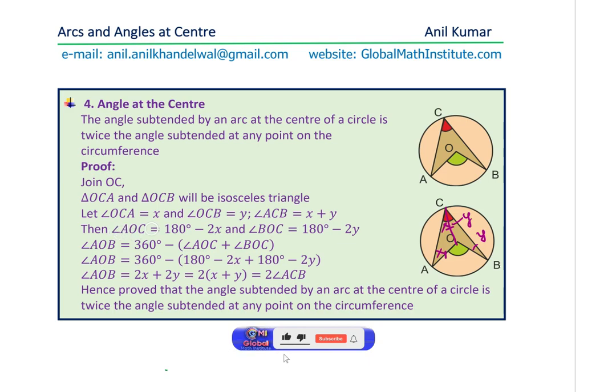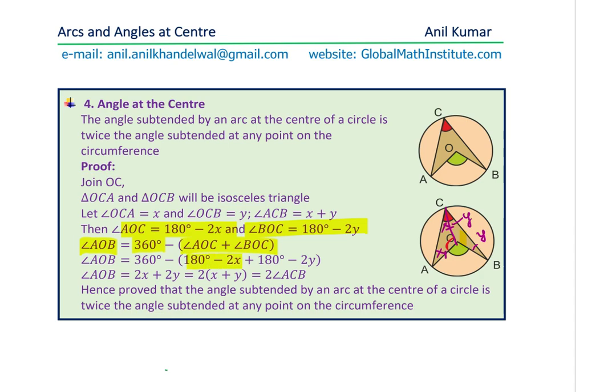Now, what is angle AOC? AOC is the angle at the center. So angle AOC is 180 minus 2x. On the other side, the angle BOC is 180 minus 2y. Perfect. So the central angle which we are interested in, AOB, should be 360 minus the sum of the other two angles, since at the center the total angle is 360 degrees.